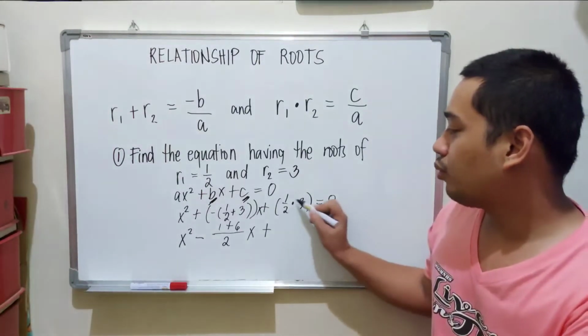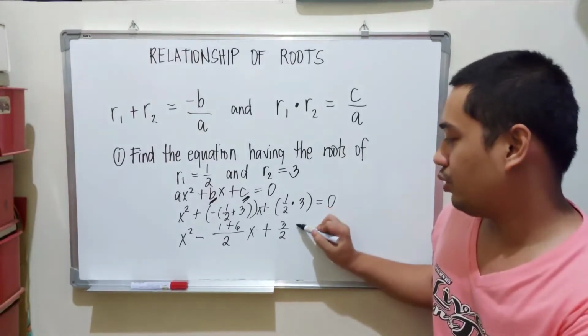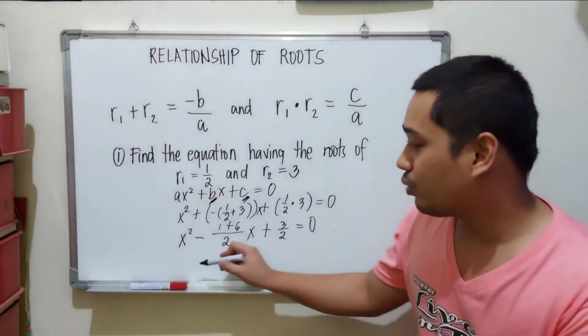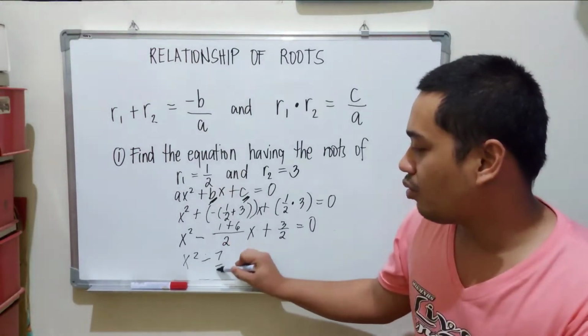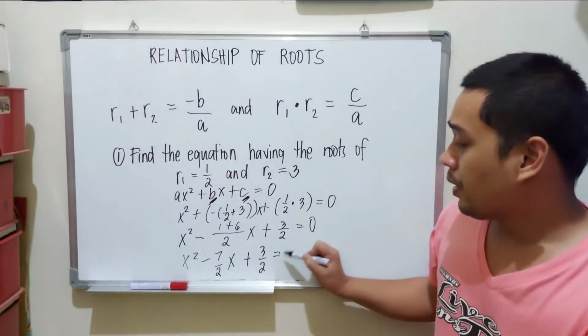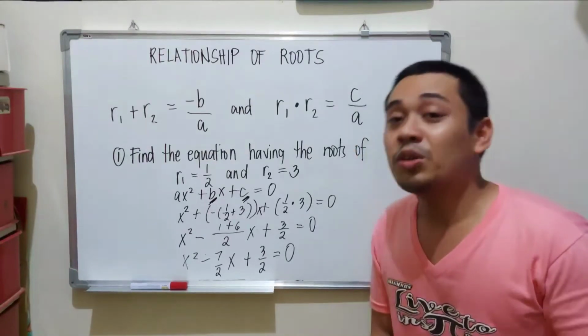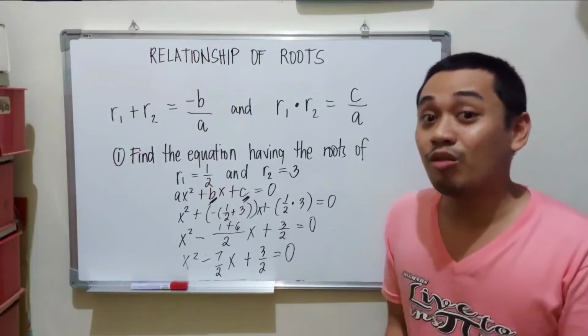So, 3 times 1 is 3 over 2 times 1, which is 2, equals 0. Simplify lang natin, this will become x squared minus 7 over 2x plus 3 over 2 equals 0. Since we have a denominator of 2, kung babalikan natin yung expression kanina, the denominator is always our a.